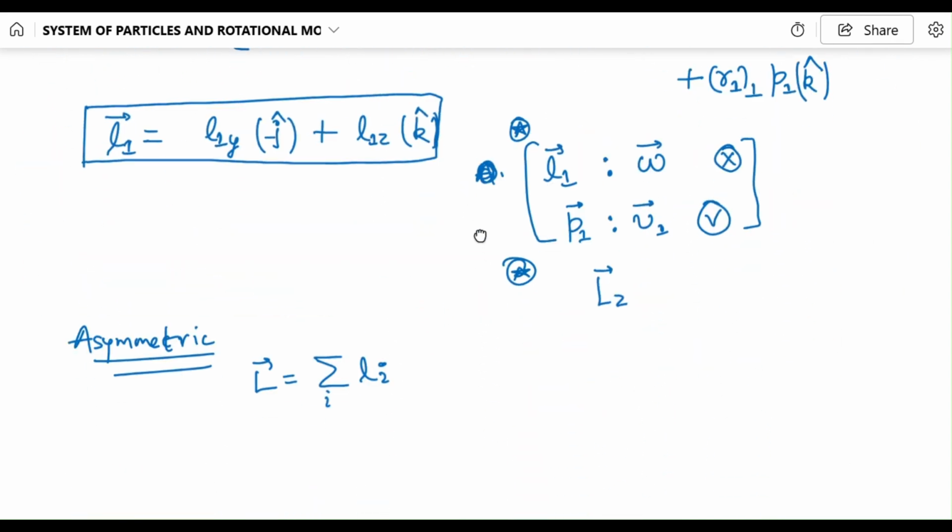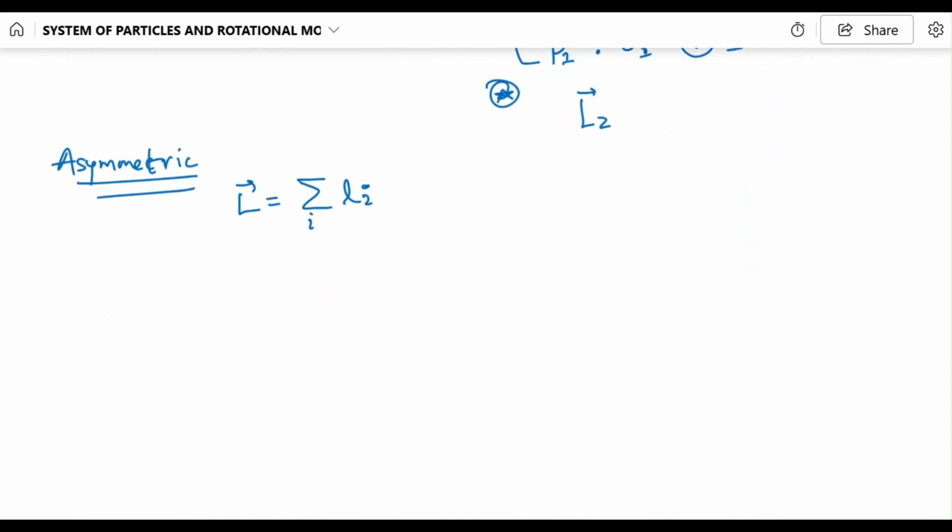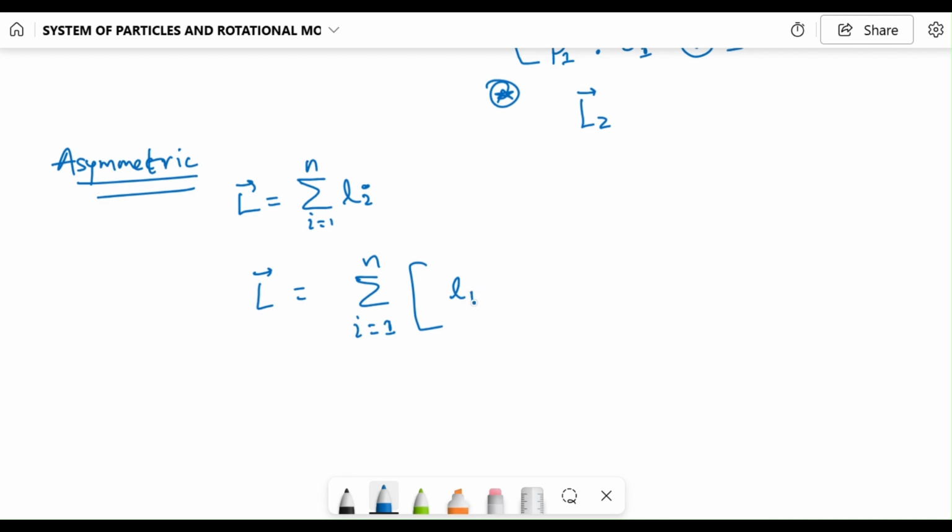If it is not, then we have the expression L equals the sum from i equals 1 to n, if there are n particles. There will be one component parallel to the axis of rotation, along k cap or maybe minus k cap, based on the direction of rotation, clockwise or anti-clockwise.